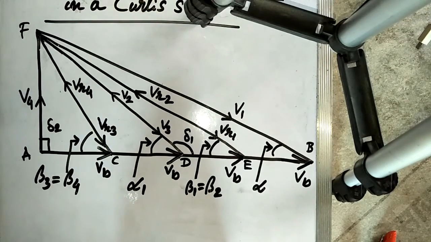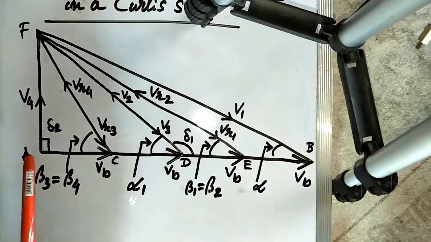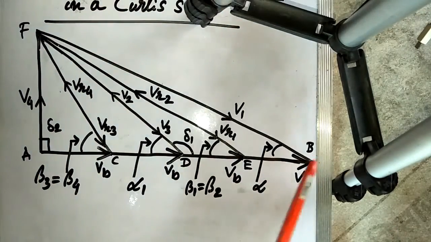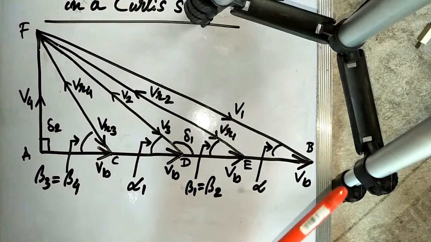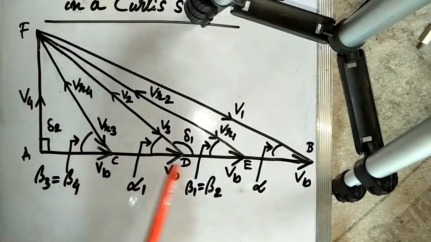The horizontal line AB, this A to B, is equal to 4 into VB, VB is the blade velocity, that is 1, 2, 3, 4.